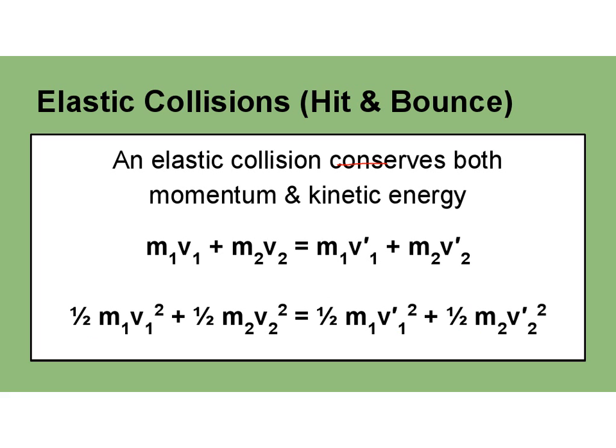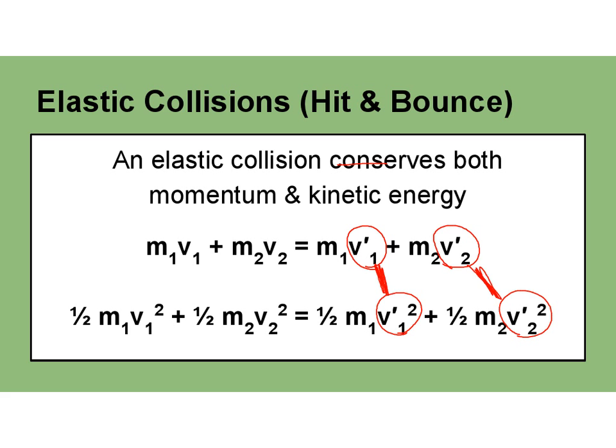Okay? I've got 2 equations, and I've got 2 variables that I'm very interested in, the V1 prime and the V2 prime. If I have a crash, what happens afterwards? What would be the speed afterwards? Since I've got 2 equations with the same 2 unknowns, I can solve that simultaneously and find the solutions for it.